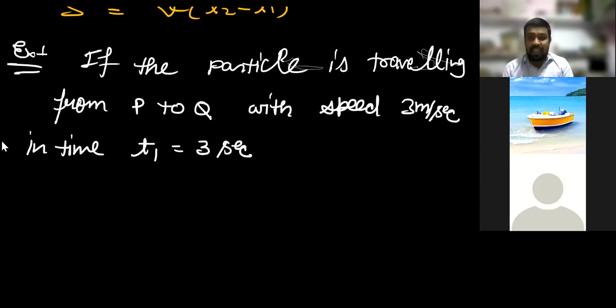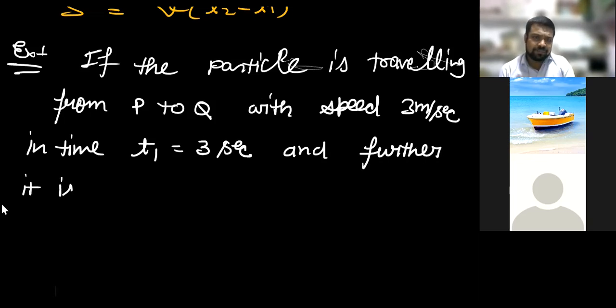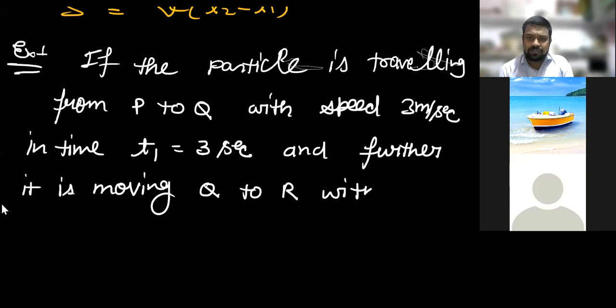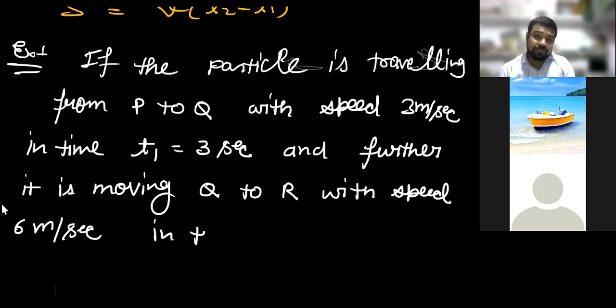And further it is moving from Q to R with a speed 6 meter per second in time t2 equal to 6 seconds.